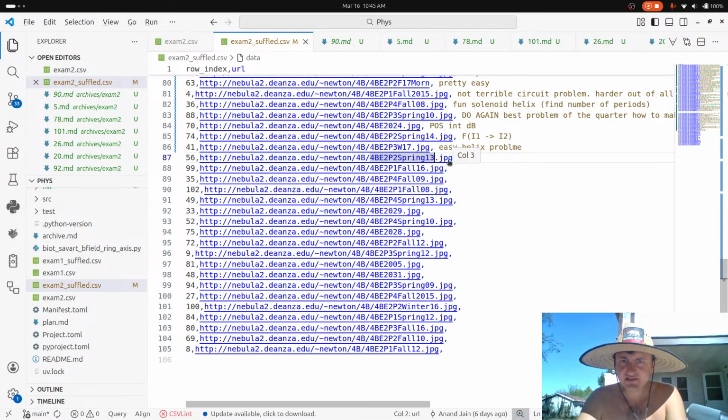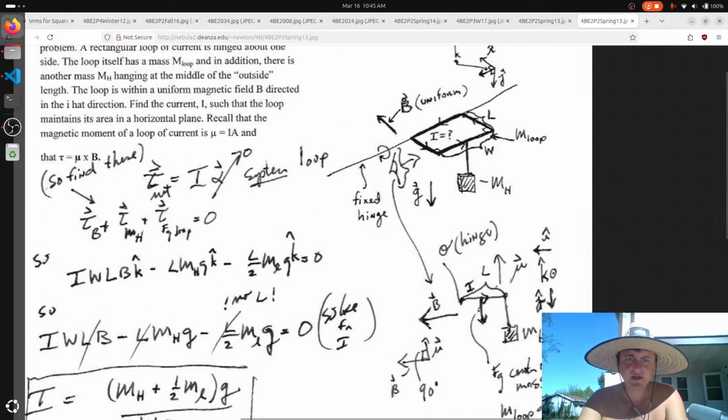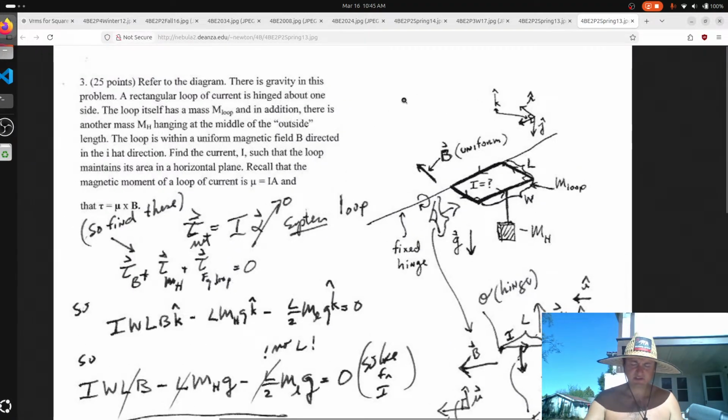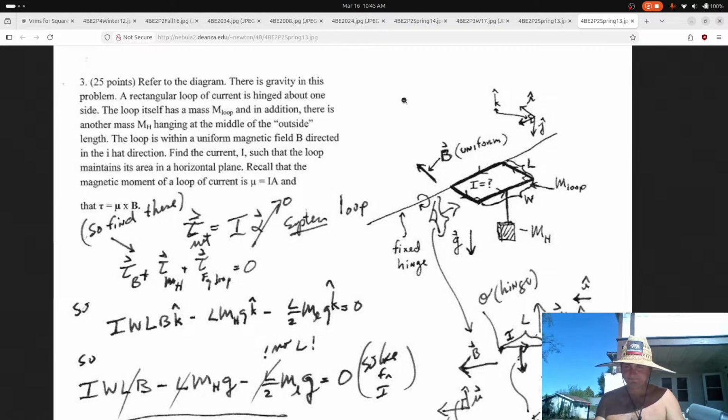Okay, 56. Did we look at this? All right, torque balance. Let's do it. Okay. So let's call this I hat, J hat, K hat.